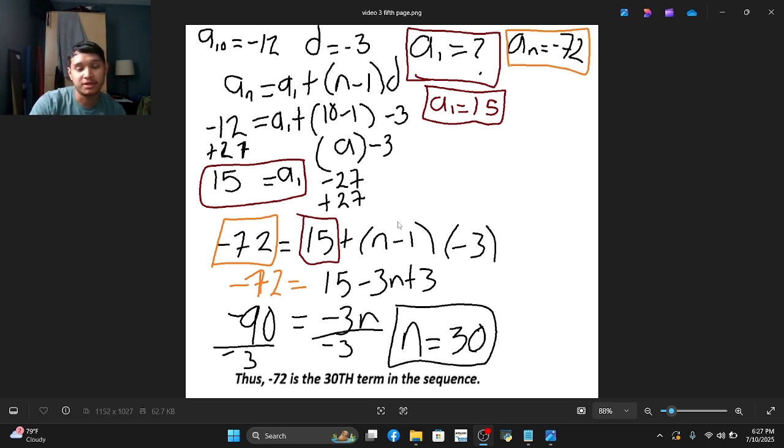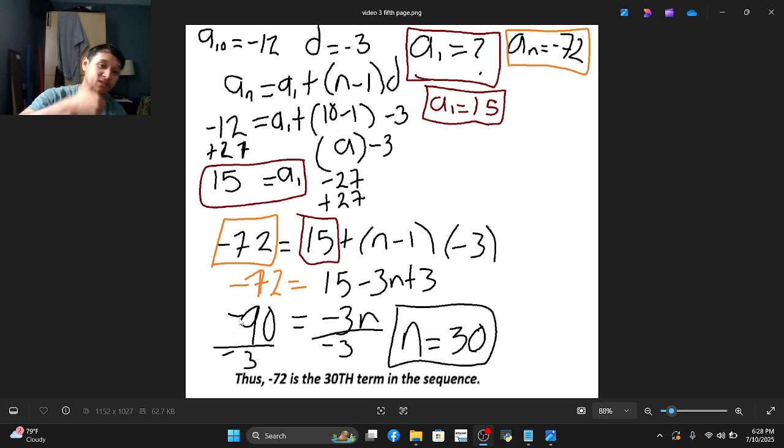So we just multiply. If you multiply two negatives, it will be positive. But if you multiply a negative by a positive, it will be negative. 15 plus 3, we pass it over here. It will be negative 75. We subtract the 15, it will be negative 90, because we're adding negatives and negatives.